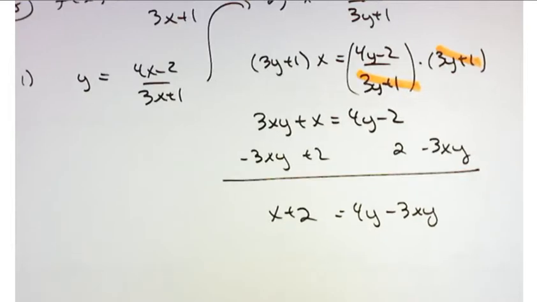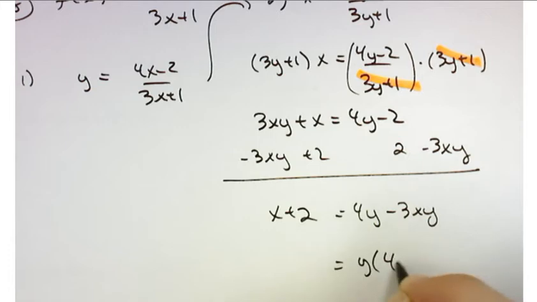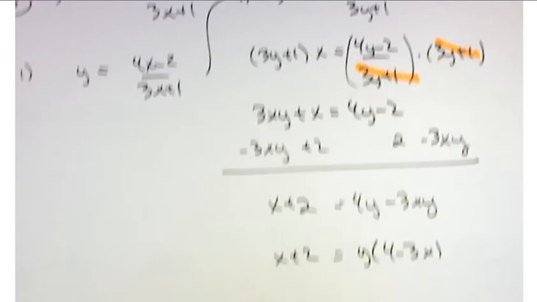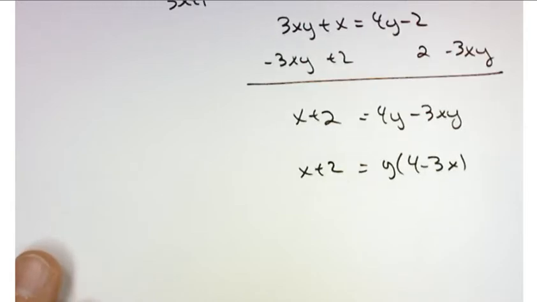Well, it's a little better. At least I have the y's on one side. But now here comes a trick that I showed you with problem number 56 the other day. What do I have to do to help get y by itself? Exactly. We're going to factor out that y. So y times 4 minus 3x equals x plus 2. Almost done with that one.